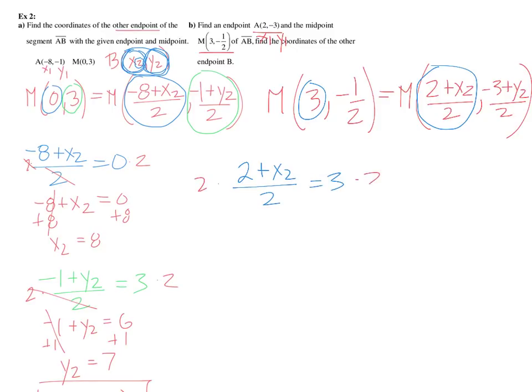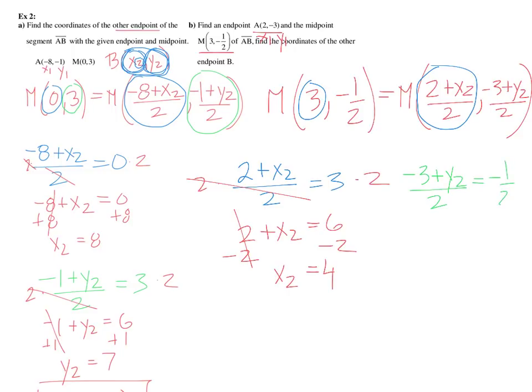Multiply by 2 on both sides. I have 2 plus x sub 2 equals 6. Subtract 2. X sub 2 is equal to 4. Alrighty. And now I'm going to have negative 3 plus y sub 2 over 2 is equal to negative a half.